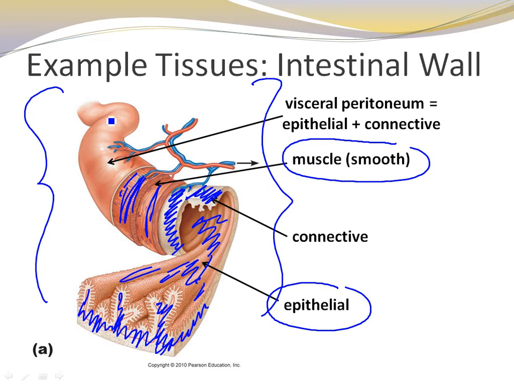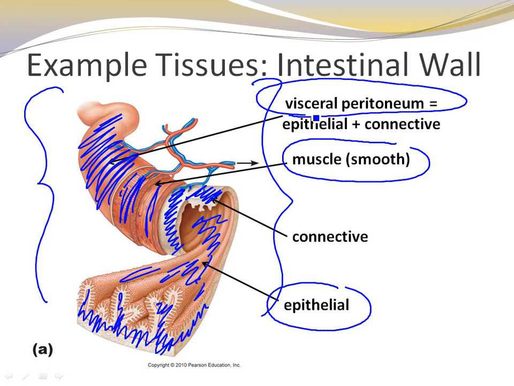And then finally, at the outermost surface of the small intestine, guess what you have there? Remember those serous membranes you learned about in Unit 1? Remember that the serous membrane that covers the organs of the abdominopelvic cavity is called the visceral peritoneum. Very thin layer, very thin membrane.